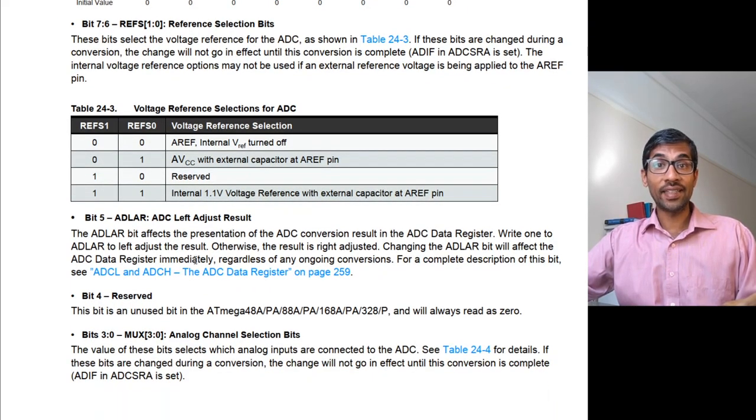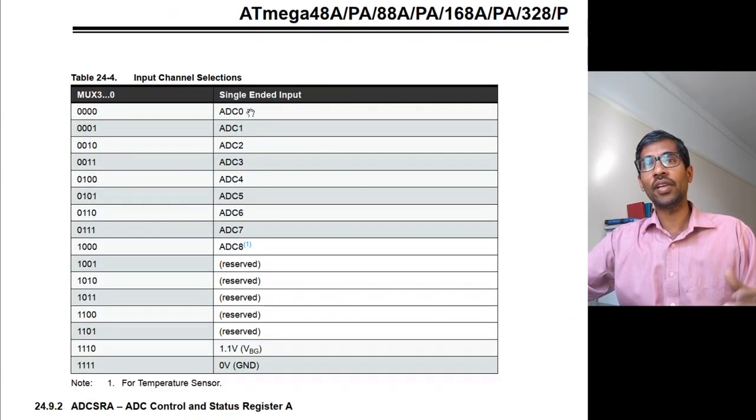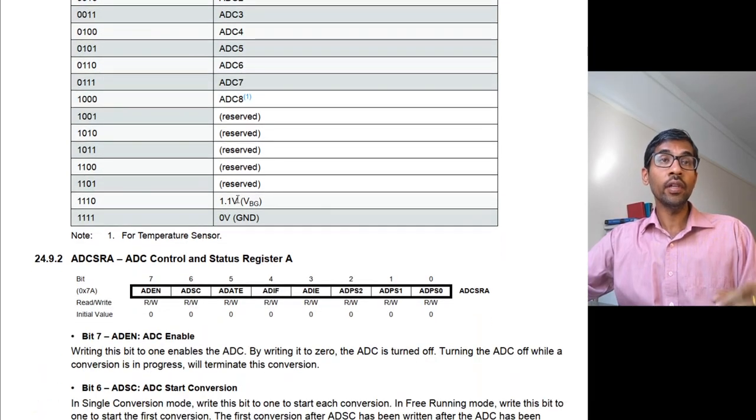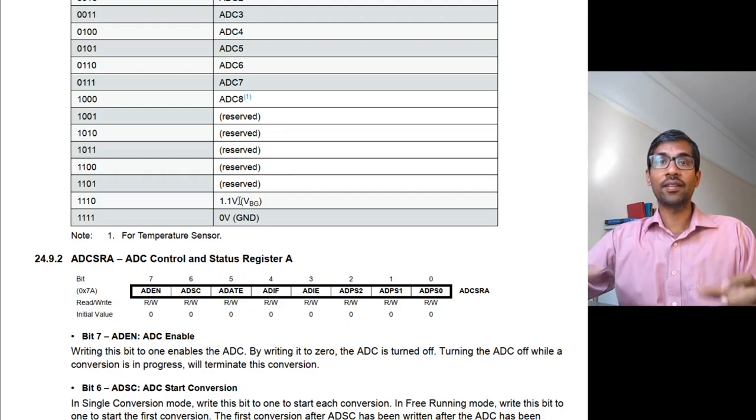We'll talk about ADLAR in a moment. And then we might say we'll use ADC0 as our analog input, so we set MUX3 to 0 all at zeros. Okay, so that's the first register we'll have to manipulate to set our ADC to do what we want.